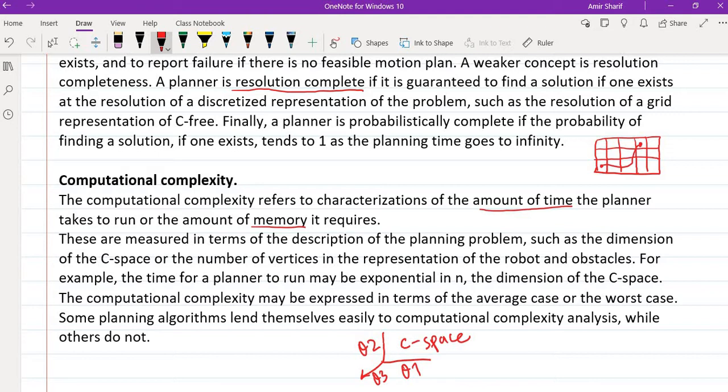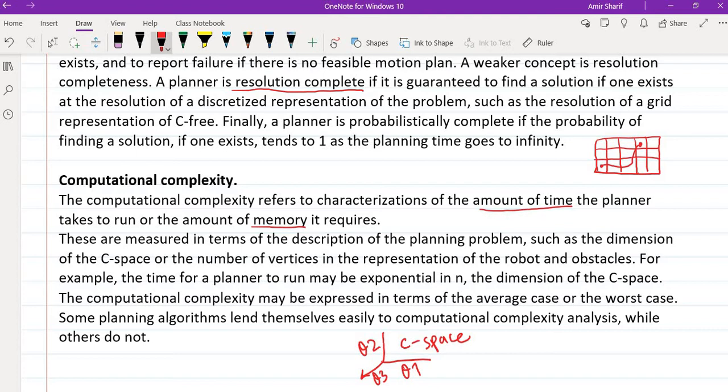When you run a motion planner algorithm, you have to select whether you want to find the computational complexity for the average case, the best case or the worst case, because they will be different depending upon the number of obstacles in the environment and the position of your goal and start locations.